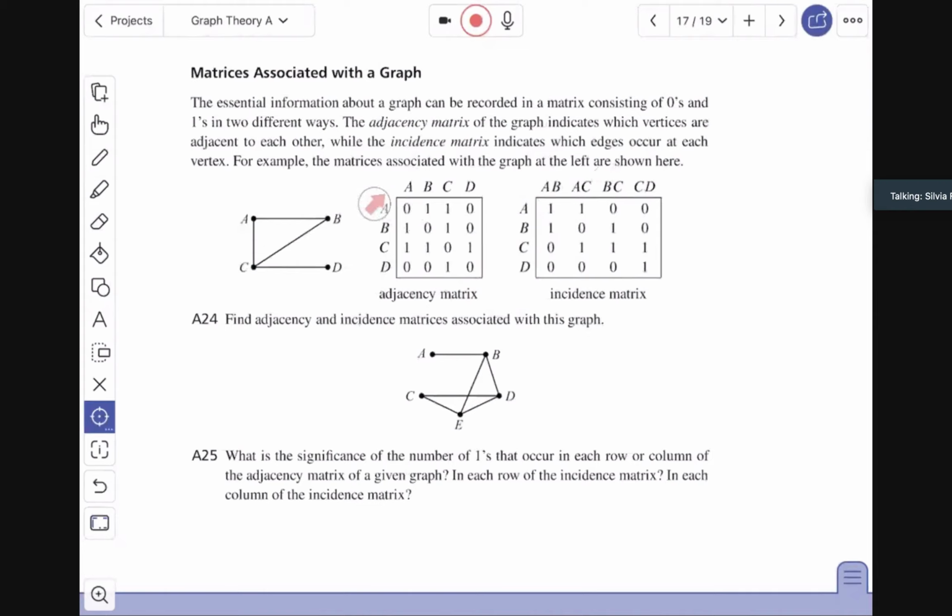So here I have my 4 vertices, A, B, C, D. Just list them in some order, same order over here, and I have the edge AC. So I have A, C, that's a 1. And because here the order doesn't matter, the edges are not ordered pairs, then this edge is also represented as CA. This one is the same as that one, the edge AC.